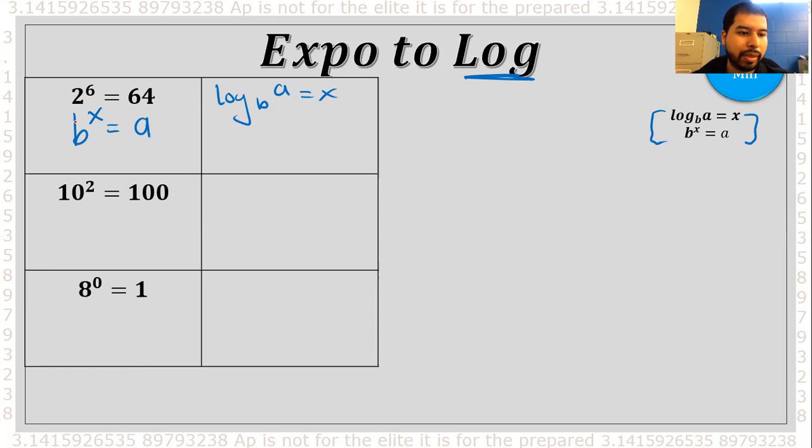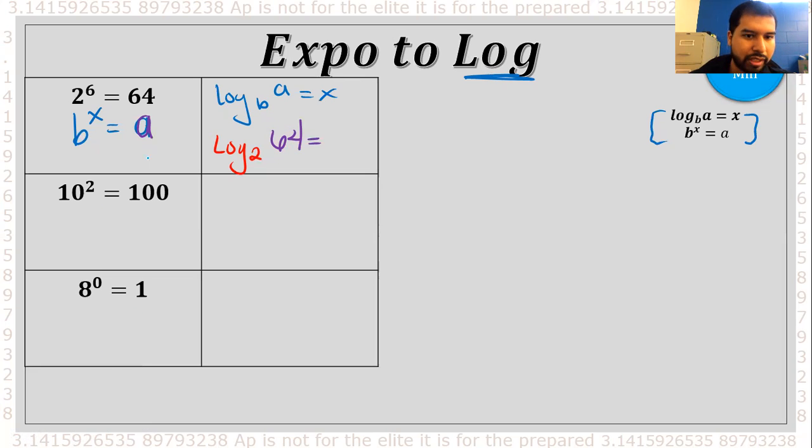So we can see that the base right here is the 2. So wherever I have a b, I'm going to go ahead and put a 2. So it's going to be log base 2. Then I'm going to go ahead and put my value, which I see here is going to be my a, which is going to be my 64, is going to be equal to my x. And I can see that my x is going to be 6.